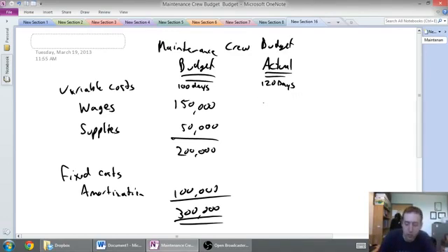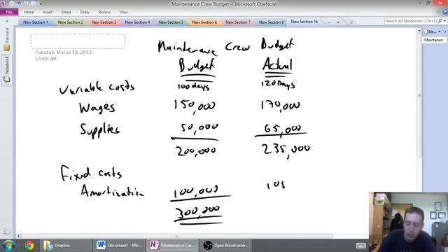His wages were 170. His supplies were, let's say, 65, bringing us up to 235. His amortization, they bought more equipment than they thought, so his amortization was 105, bringing him up to 340.